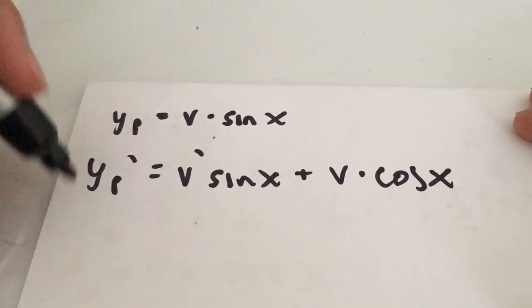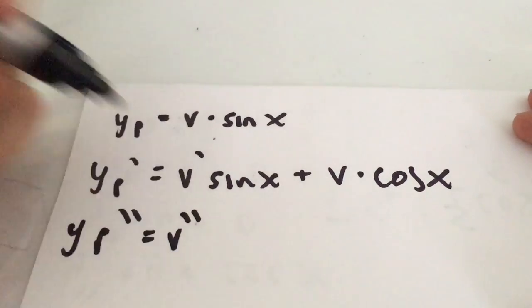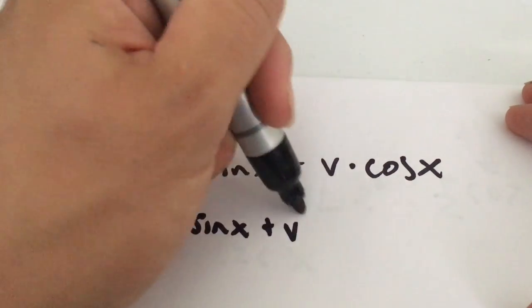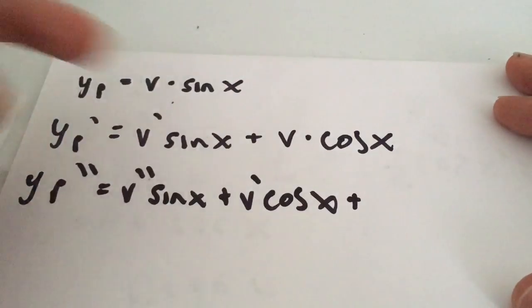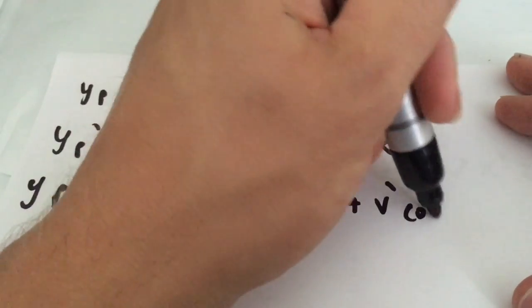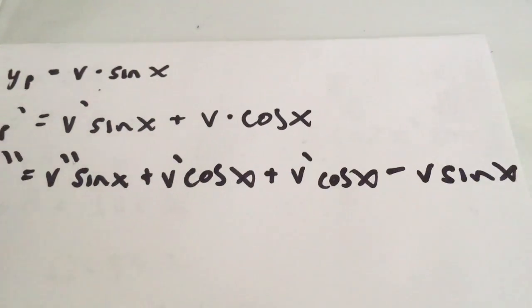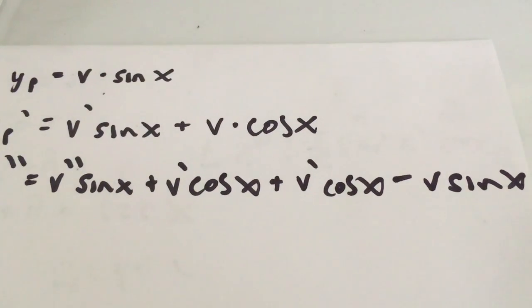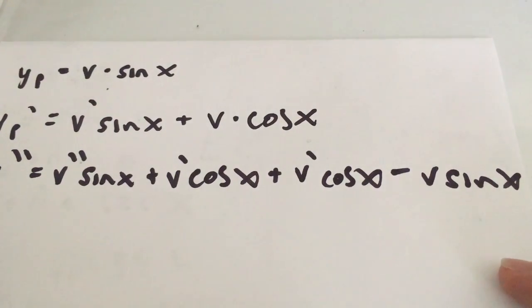Now for yp double prime, we could say v double prime sine of x plus v prime cosine of x plus v prime cosine of x minus v sine of x. Now the minus v sine of x comes from the derivative of cosine of x, which is negative sine. So we just took a shortcut, and instead of writing plus negative, we just wrote negative.